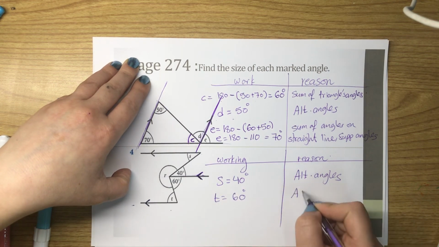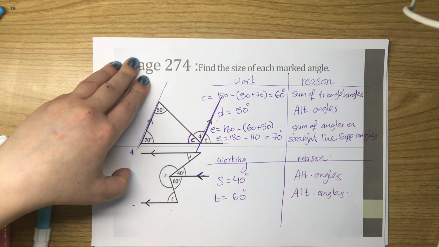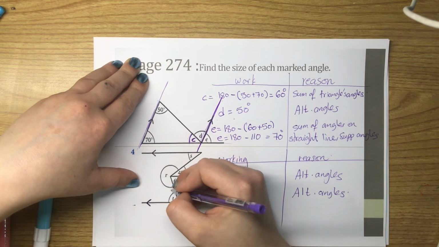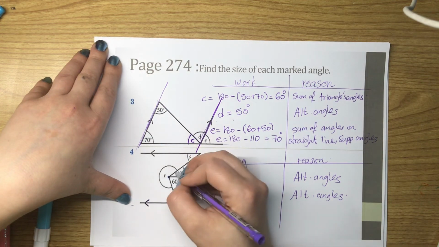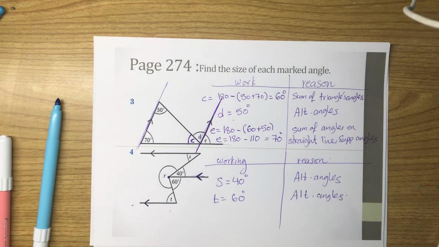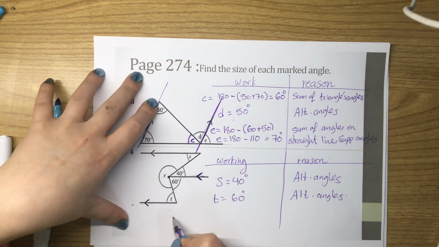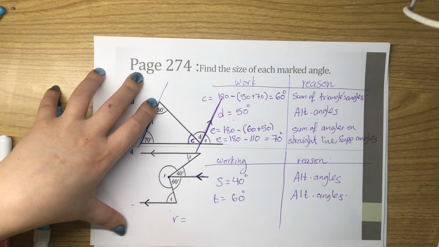Why? Again, from the property of alternating angles in parallel lines. We are left with R. 40 and 60 and R, all of them are around one point. So by using the property of the sum of angles around a point, R is going to be, guess what number?